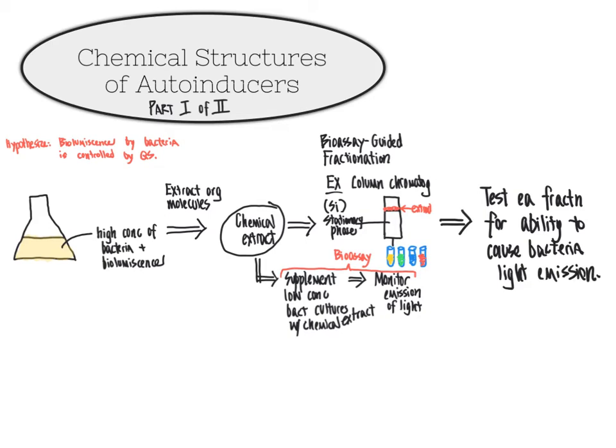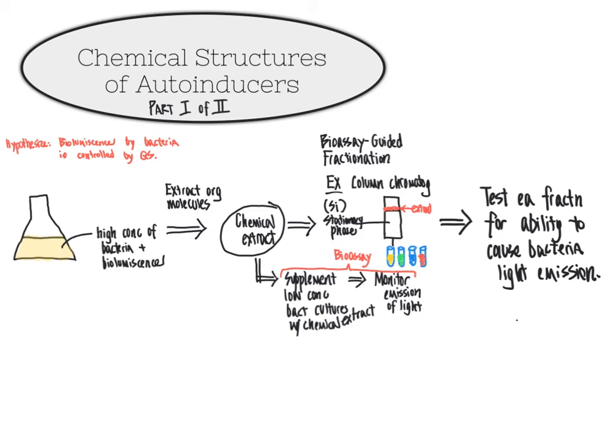And now chances are here, at this stage of the game, if we have started from a chemical extract that contains hundreds or thousands of different compounds, and we've done one round of column chromatography, generating several fractions, generally less than 50 fractions, certainly, and we test each of those fractions, they will still contain multiple compounds.